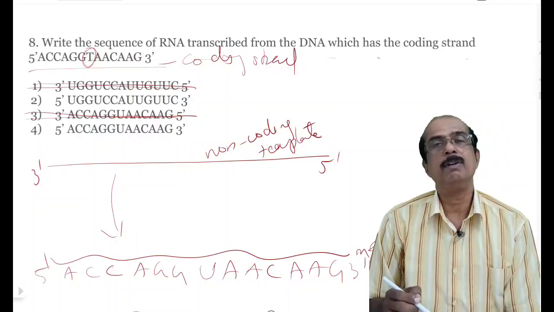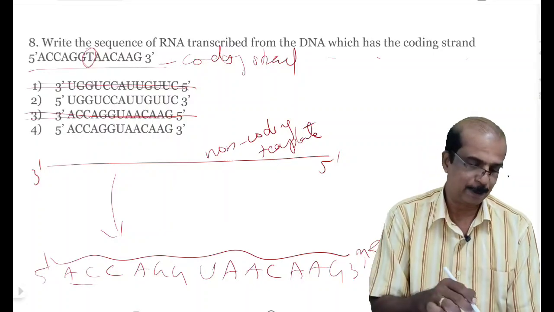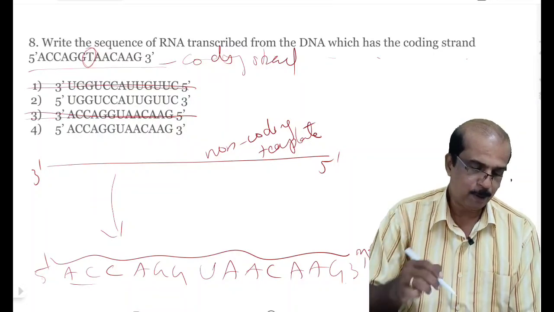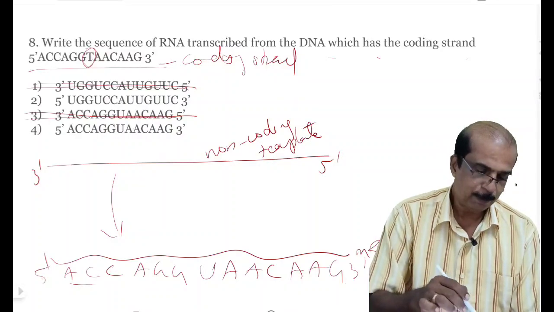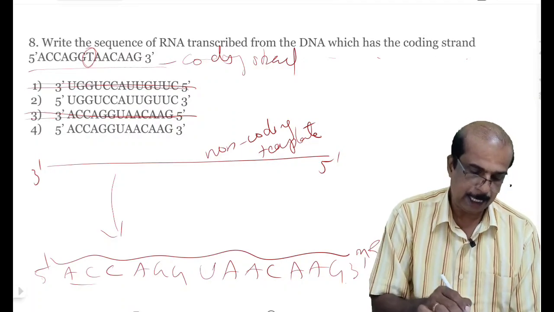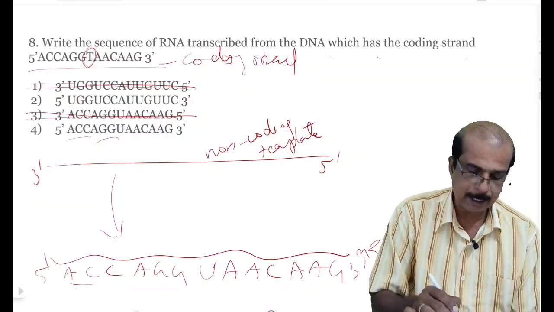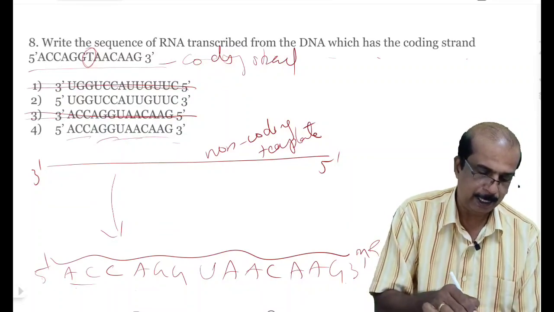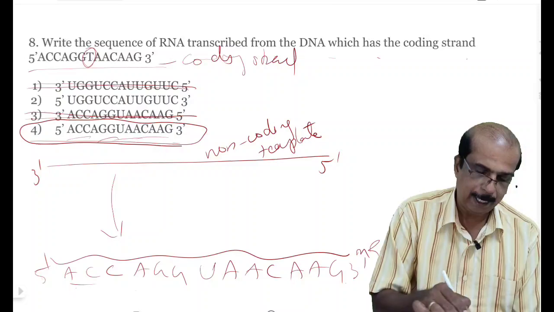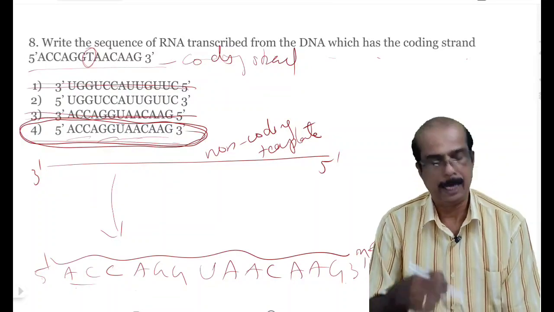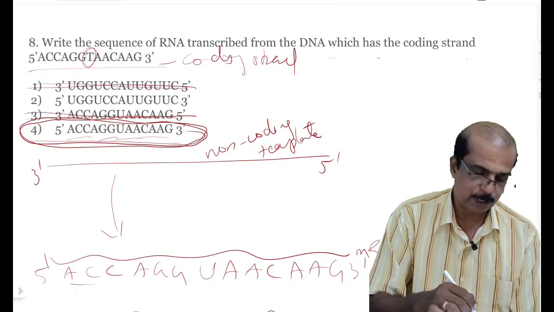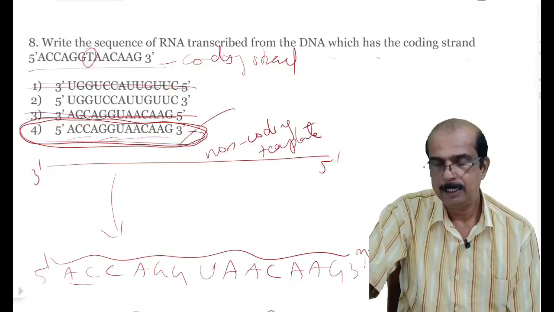Here mRNA will be formed in the 5' to 3' direction, so you can eliminate options 1 and 3. Then what about the other options? ACC, AGG, UAA, CAG. The fourth option is the answer to this question.